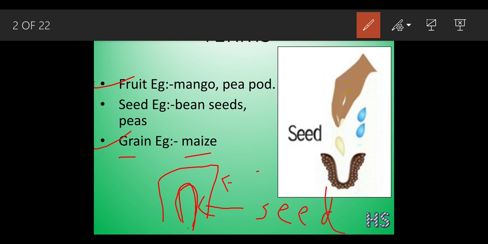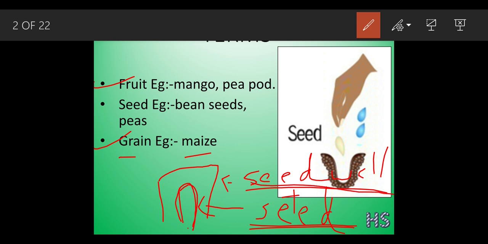And what is this? This is the seed wall. If you look, this seed wall and the seed are attached together. You won't be able to separate the seed wall and seed, because while eating the maize, the seed and the seed wall both go into your stomach.